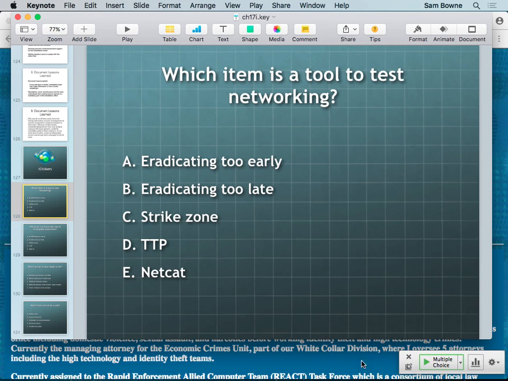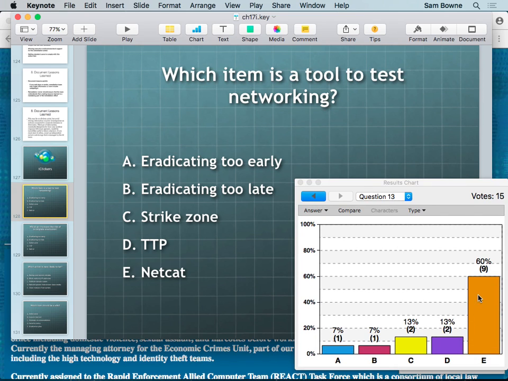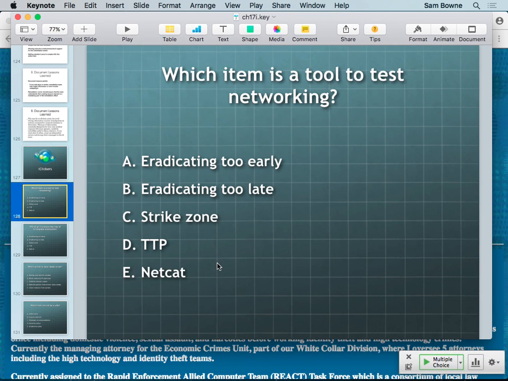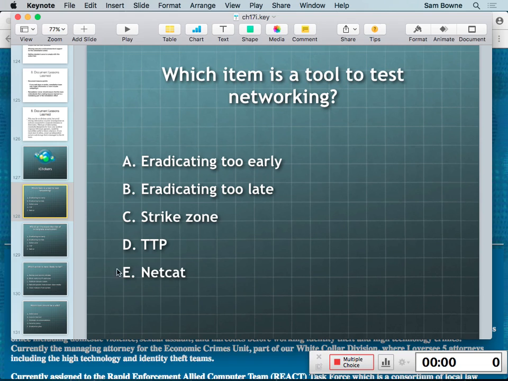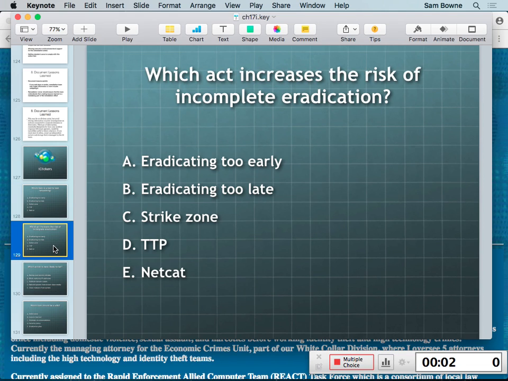All right, that's NetCat. Good. All right. So, which act increases the risk of incomplete eradication?